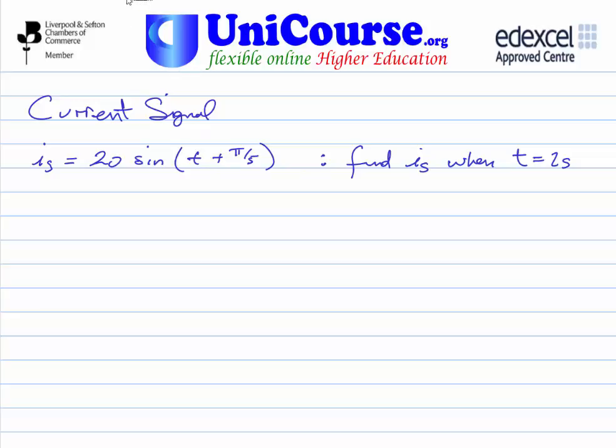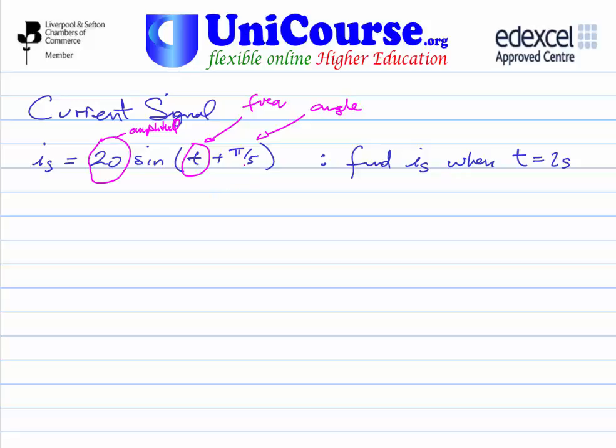First thing to note, that's the amplitude, so that's the length of the phasor. This thing here is the frequency information. So amplitude, frequency information, and this lot here is the angle information.